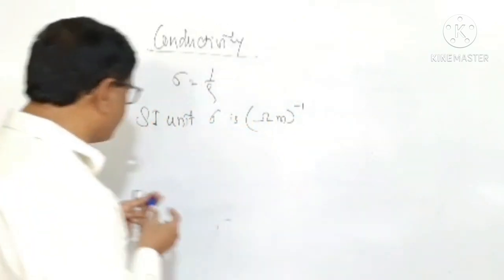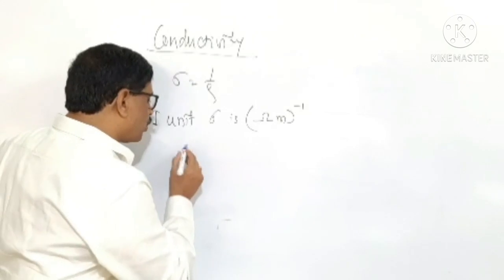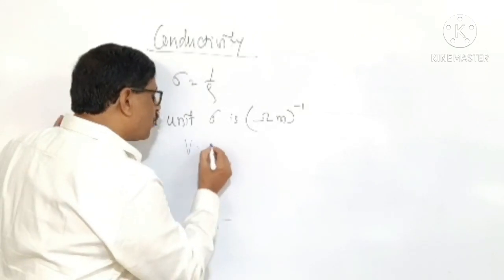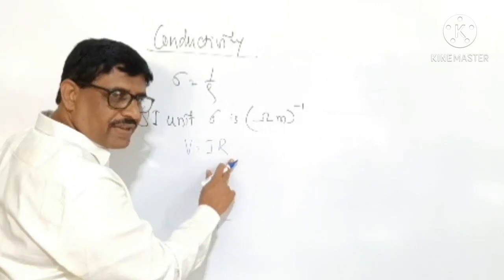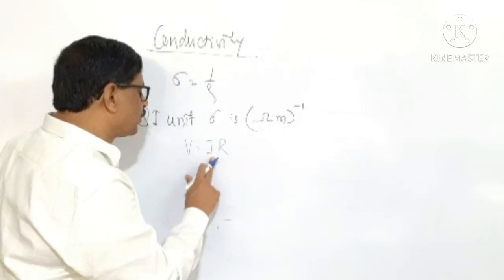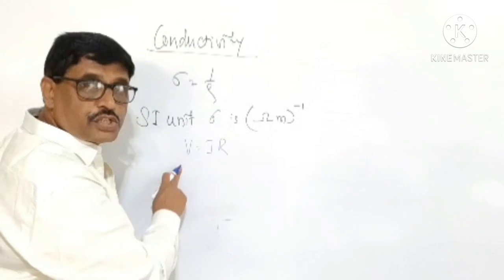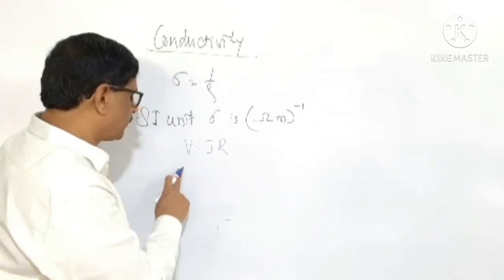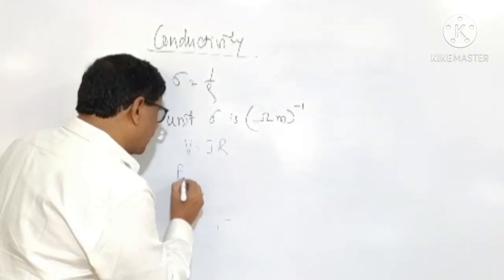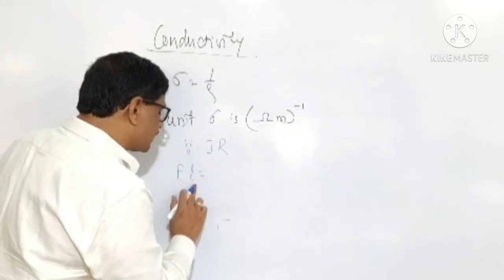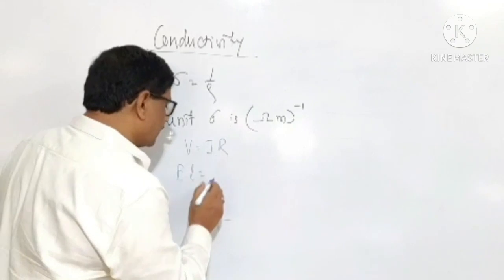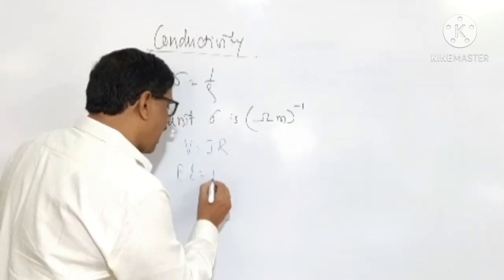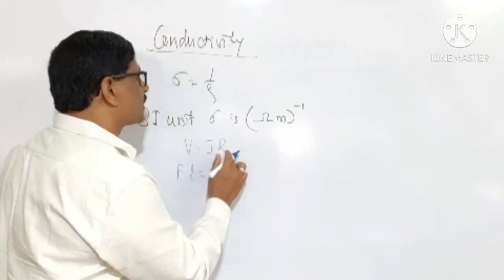The job is very simple because we start with Ohm's law. We know that Ohm's law can be written as V is equal to IR, where R is the resistance, I is the current flowing through the conductor, V is the potential difference across the ends of the conductor. For a conductor of length L with electric intensity E, the potential difference is EL and the current is I into the resistance.